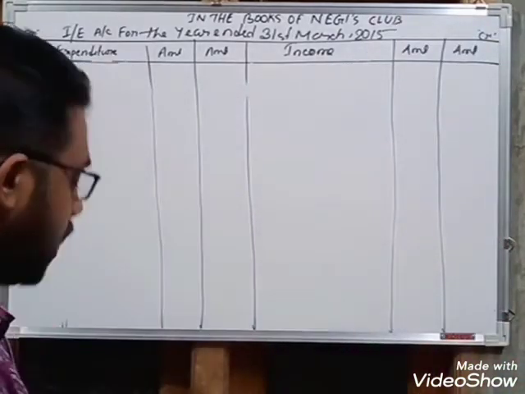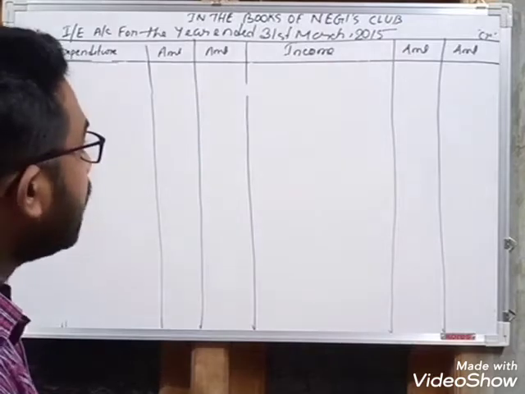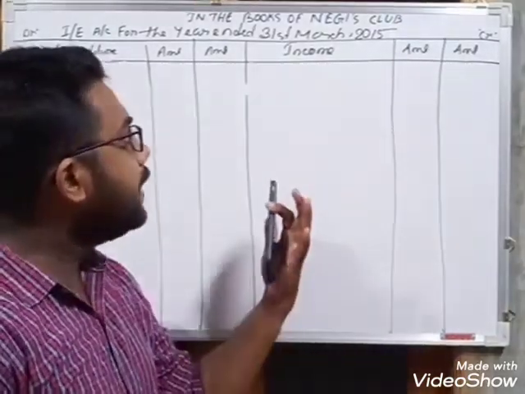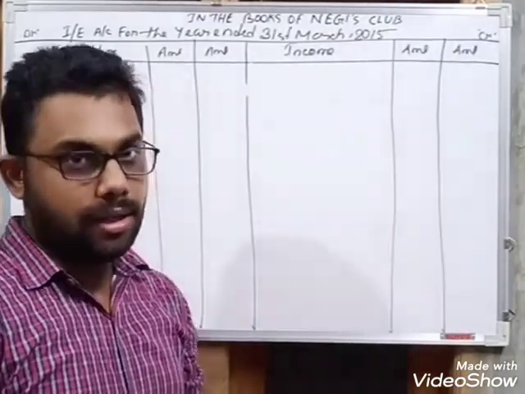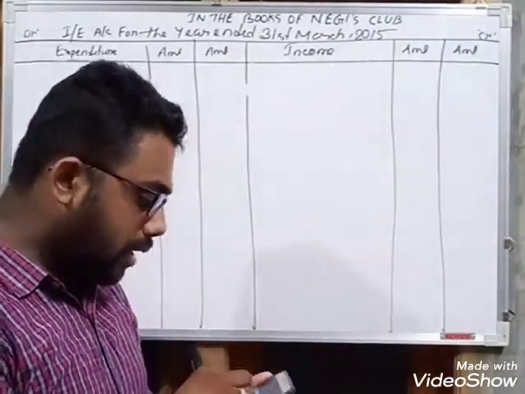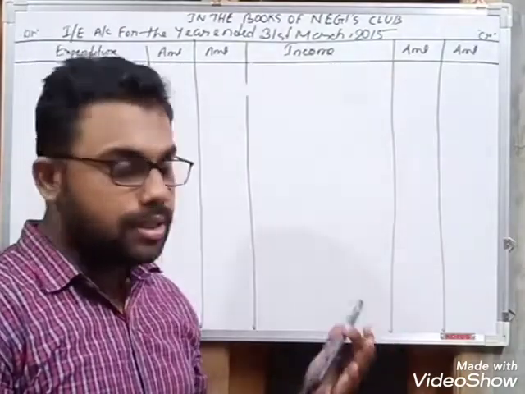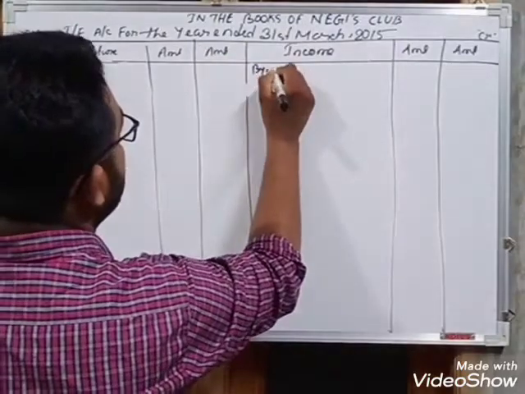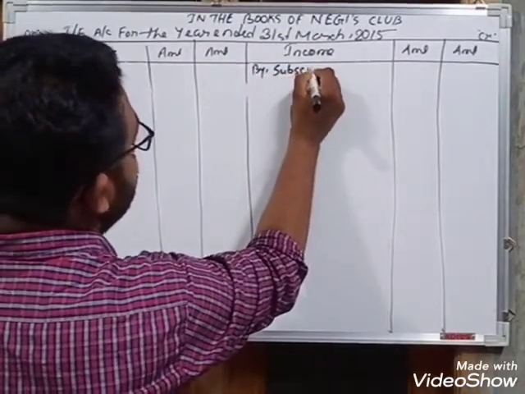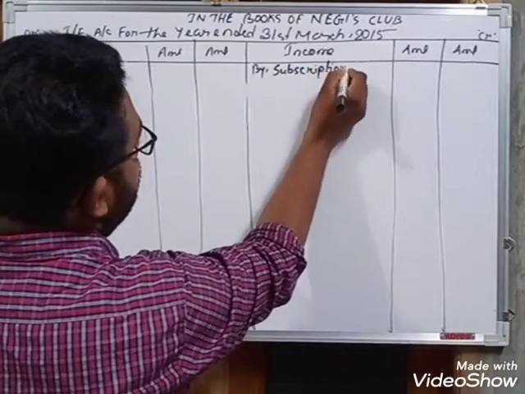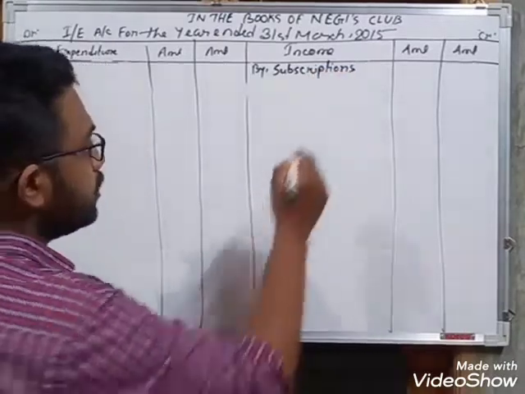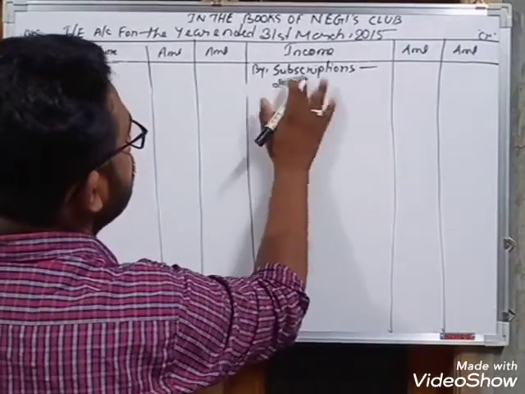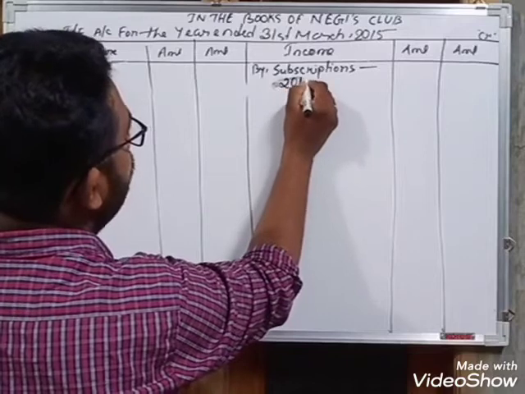So what is the first item that we will find on the income side? First one is the balance b/d, that means the opening balance. In the income and expenditure account only incomes are taken, so it is an asset position, so we don't need to put this. Next one is the subscriptions, so subscription is income, and the amount of subscriptions will be written as 2014-15.